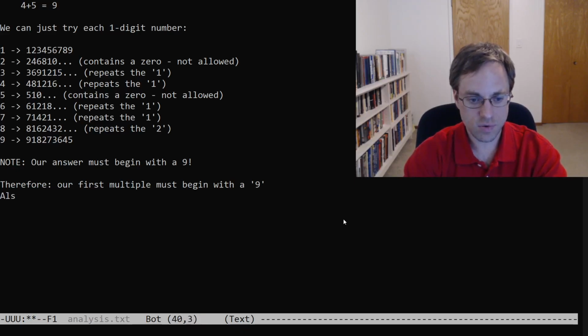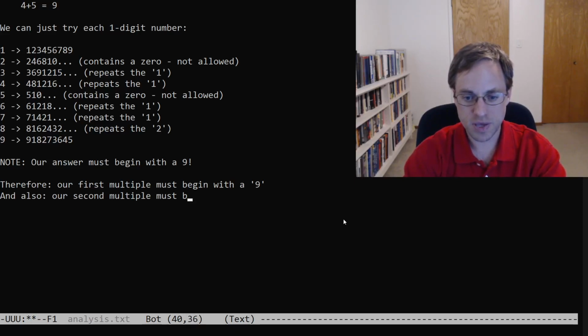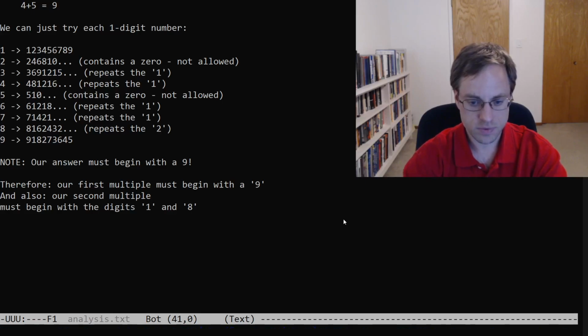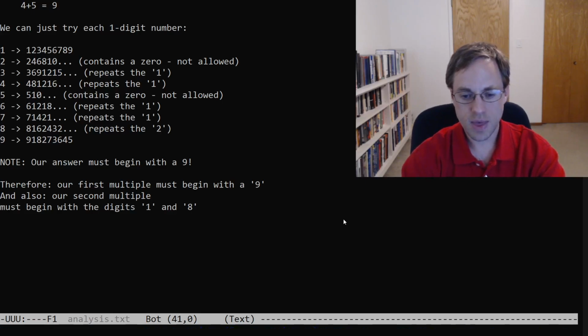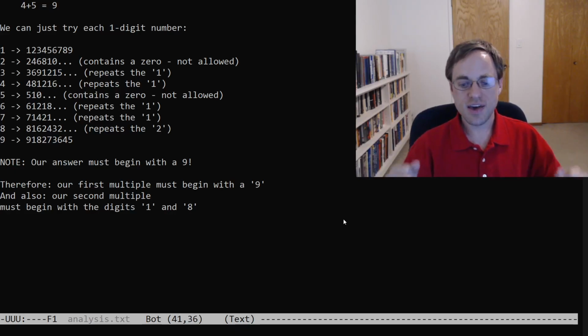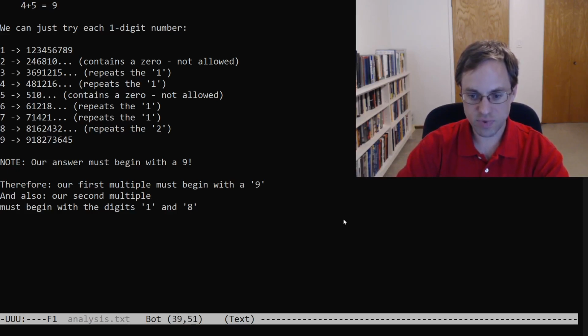And also our second multiple must begin with the digits 1 and 8. And the reason why the second digit of our second multiple can't be a 9 is because we've already used 9. We already put 9 in our first multiple.